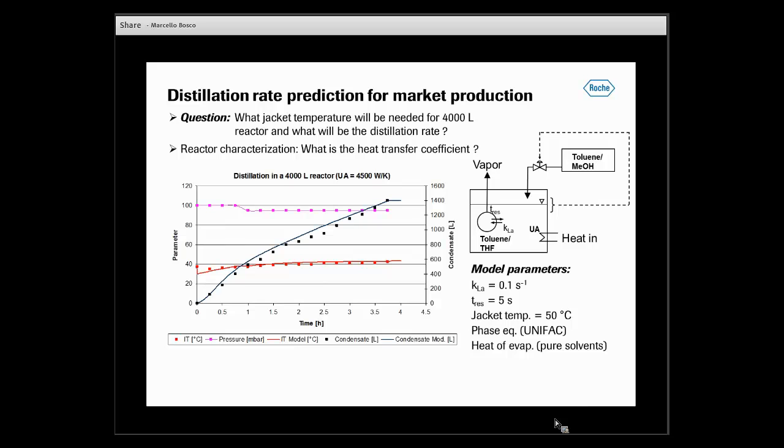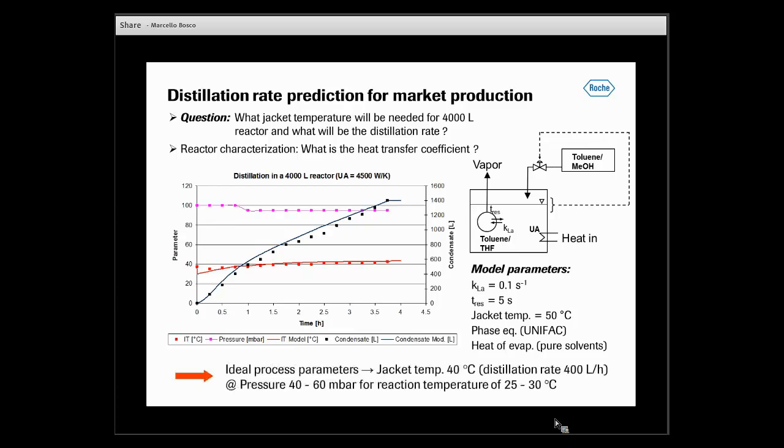You see here the blue line, the pressure was about 100 millibars in the beginning, and we had a very good condensate rate, and also the temperature was about 40 degrees.